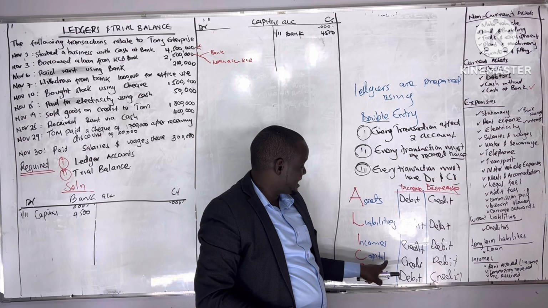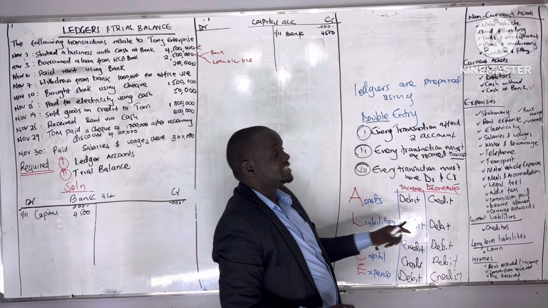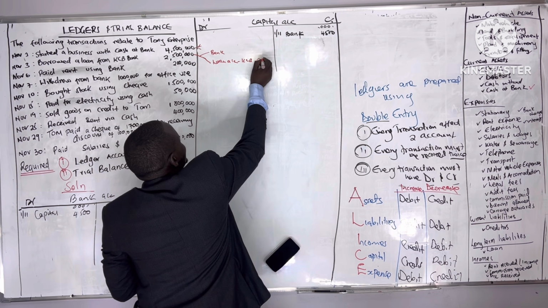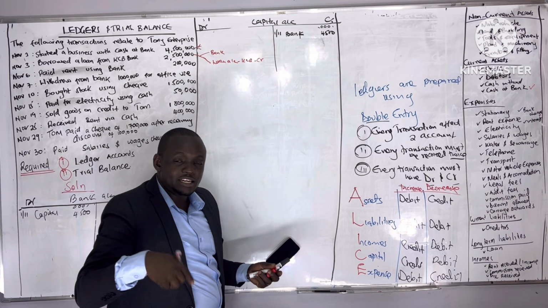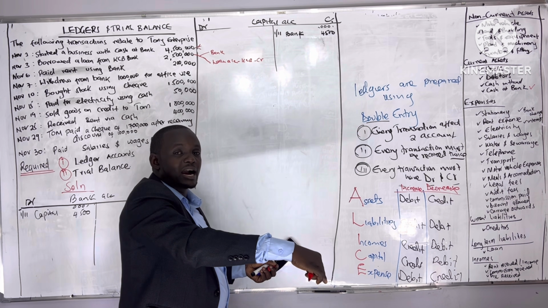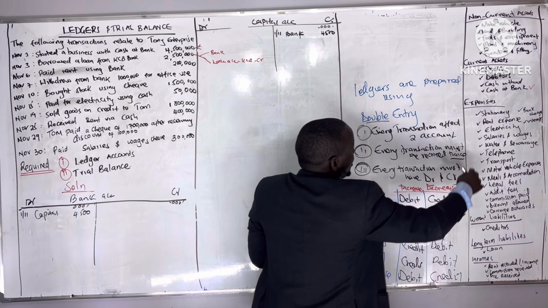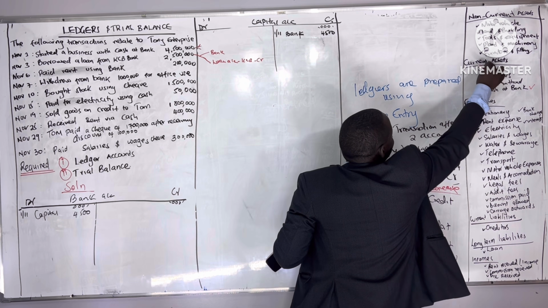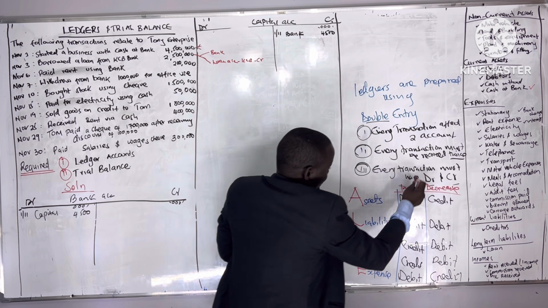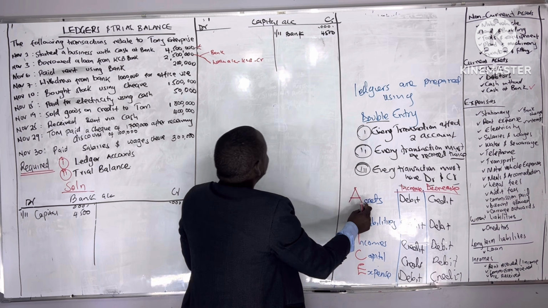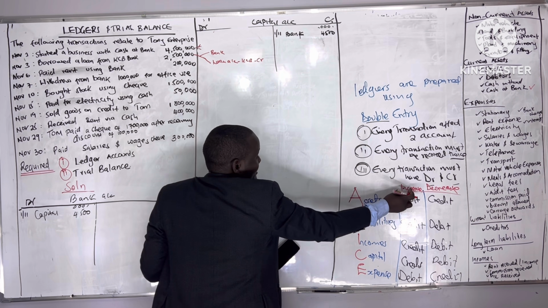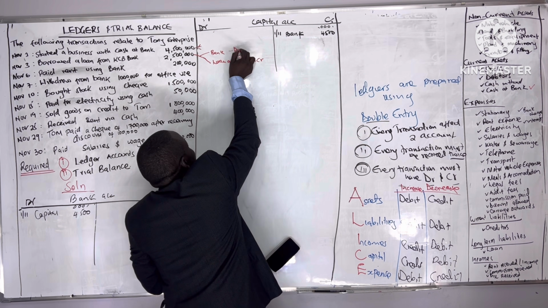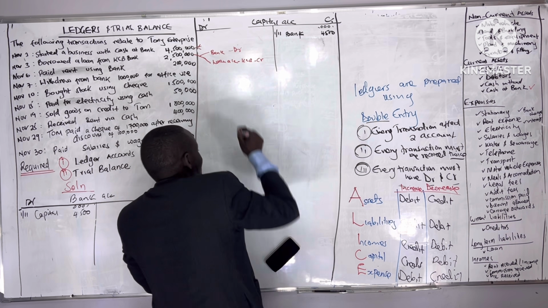Increase in liability is a credit, so we shall credit the loan account. When we take a loan, the money that goes to the bank increases. Cash at bank is a current asset, and increase in asset is a debit. So we debit bank, we credit KCB.